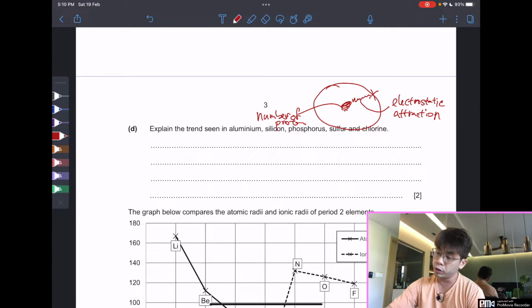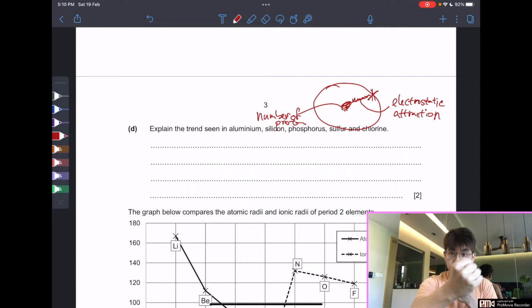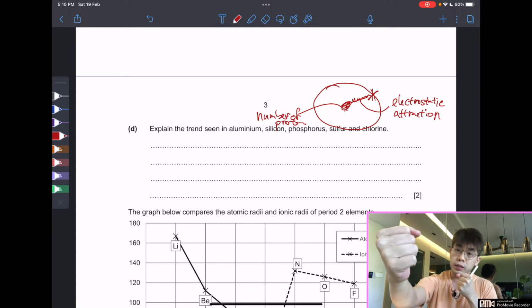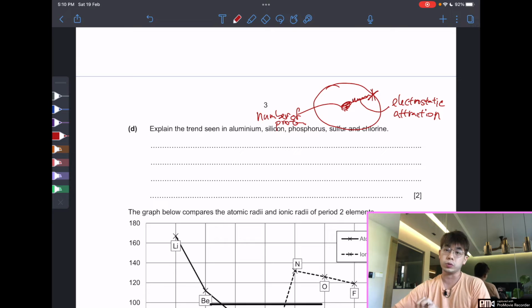And because it's more and more positive, and since the number of shells is also the same, this attractive force gets stronger and stronger. So you imagine there's a magnet that's attracting the electrons towards you, correct? If this magnet is getting stronger, this electron will be put ever so slightly closer to you, right?